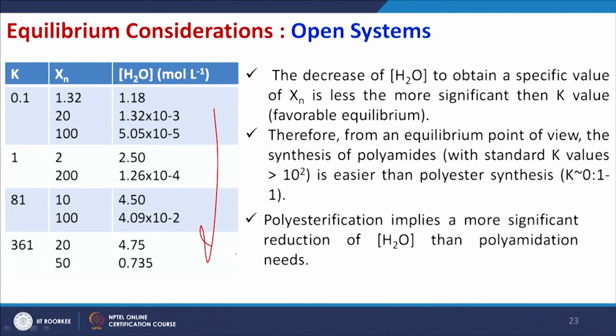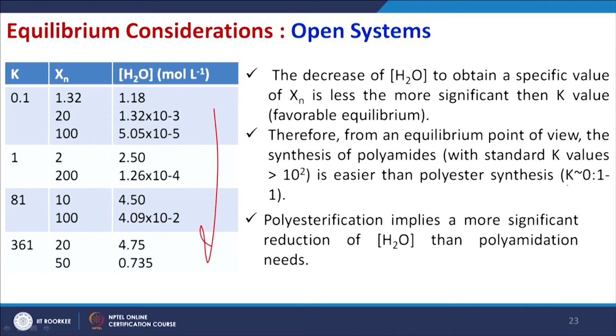Now, the decrease in the concentration of water needed to obtain a specific value of Xn is less significant the larger the K value, that is, a favorable equilibrium. Therefore, from an equilibrium point of view, the synthesis of polyamides, with standard rate constant values greater than 10 to the power 2, is easier than polyester synthesis, which is somewhere around 0.1 to 1. Polyesterification implies a more significant reduction of H2O than polyamidation needs.